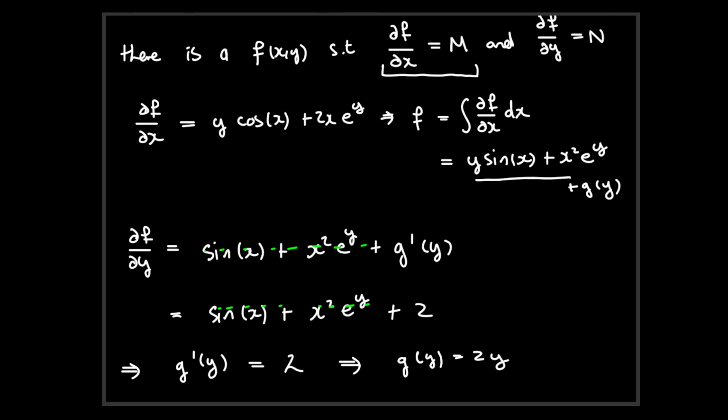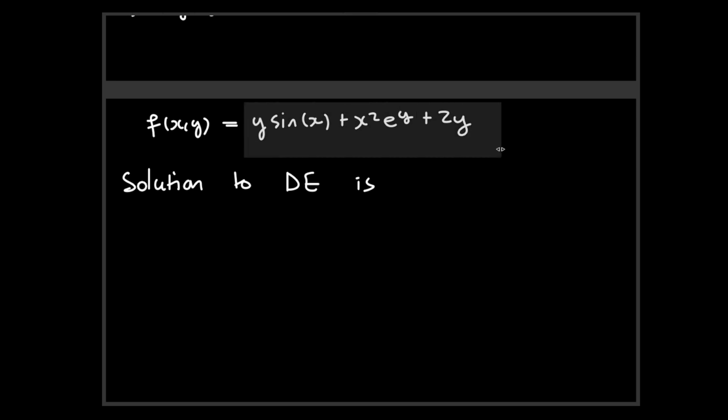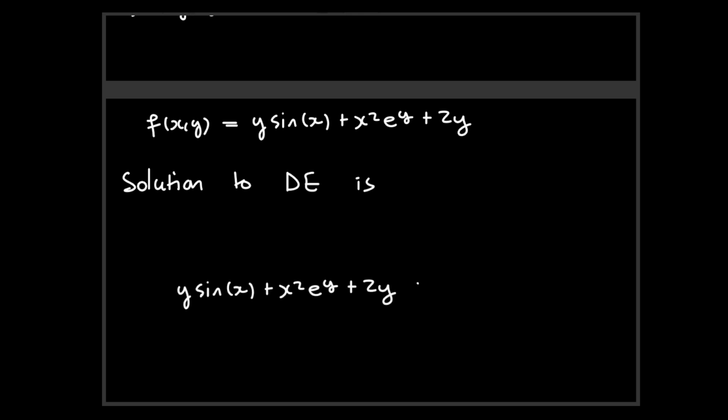Yes, it's going to be this plus g of y, and then we just have a lone 2y. So plus 2y. Okay? So the solution to the DE is just going to be given by taking this function here and setting it equal to a constant. And so that solves the differential equation, and we are done.